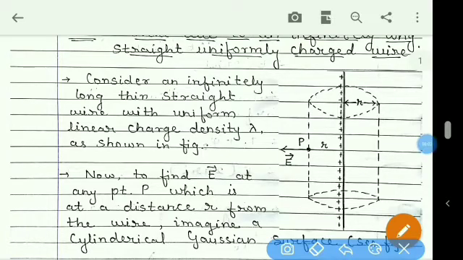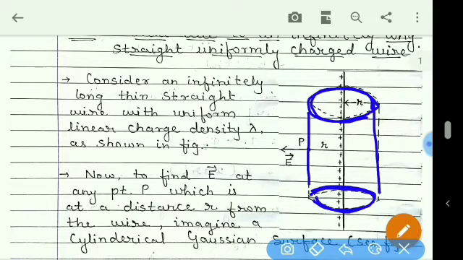For this Gaussian cylindrical surface, there is an upper part, a lower part, and the curved surface. For the upper plane surface, which is circular, and even for the lower plane surface, the flux linked will be 0, because the area vector for this surface is in this direction and the electric field is in this direction.